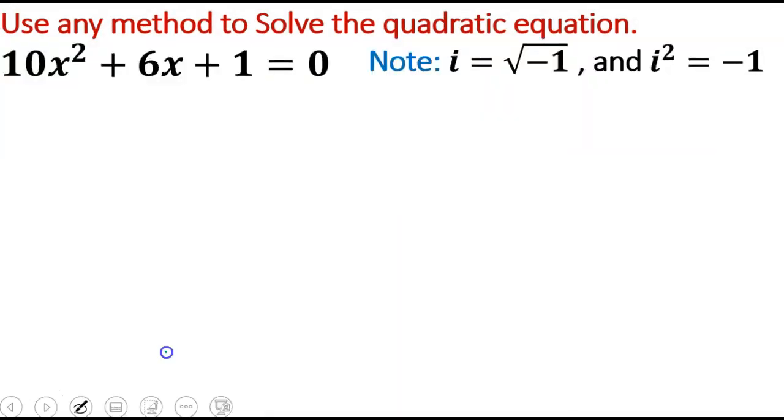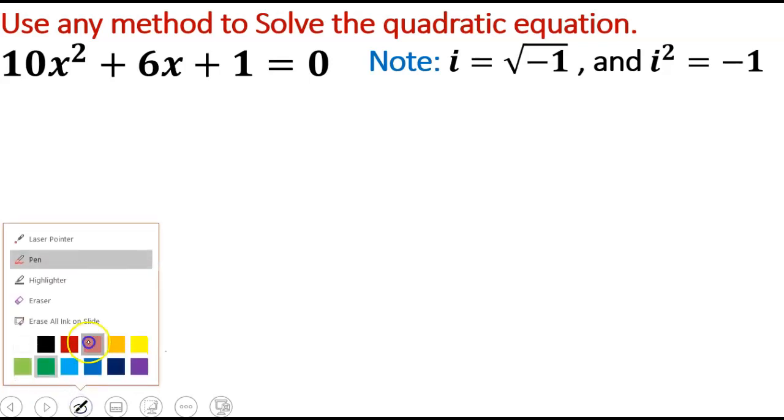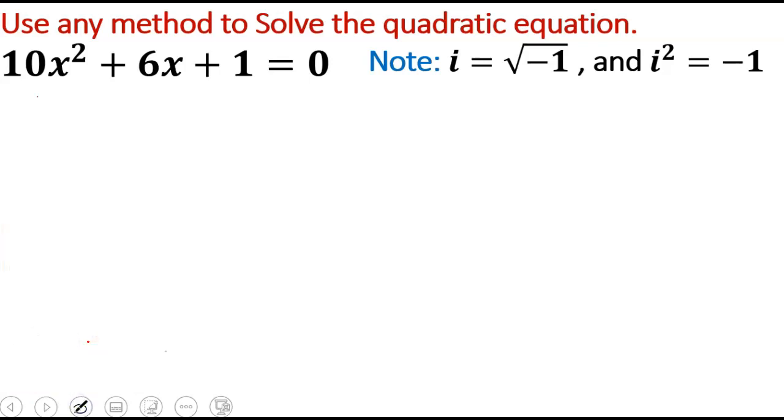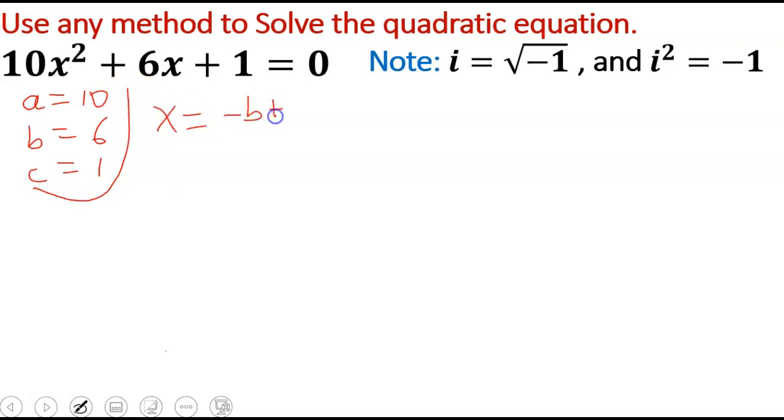Okay, another one from the book. We do the same thing, use quadratic. A is 10, B is 6, C is 1. So the quadratic: x equals negative b plus or minus square root of b squared minus 4ac, all over 2a.